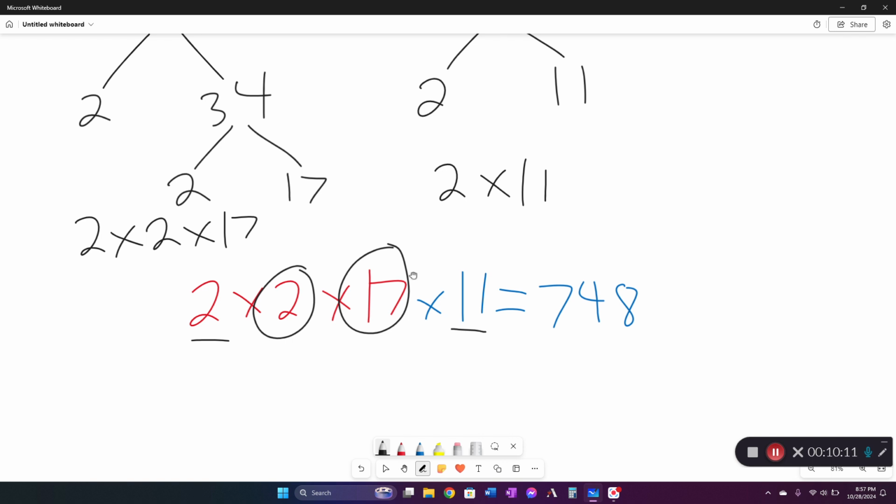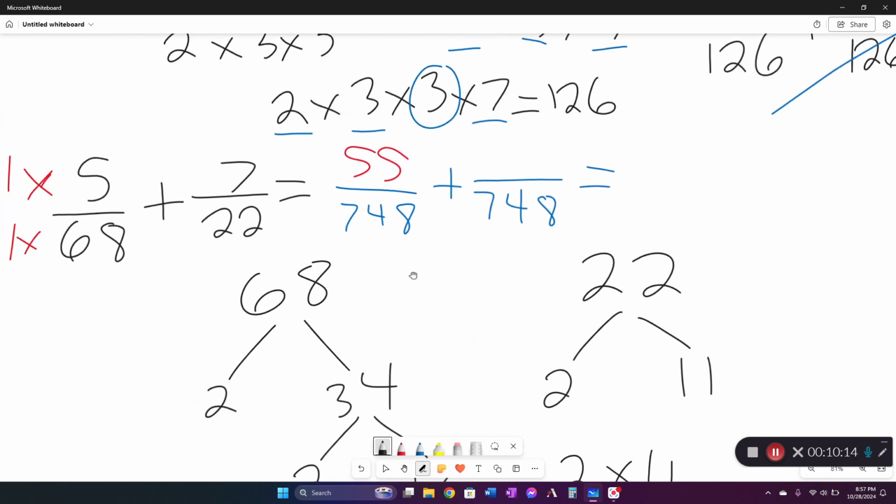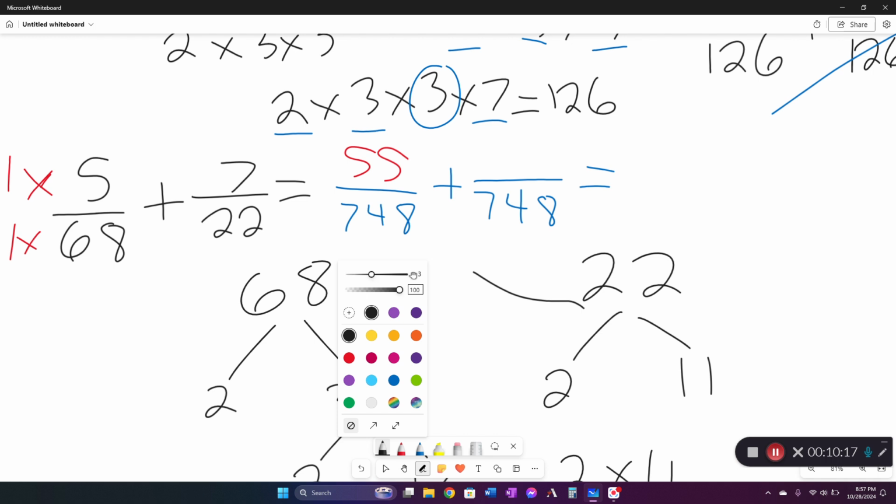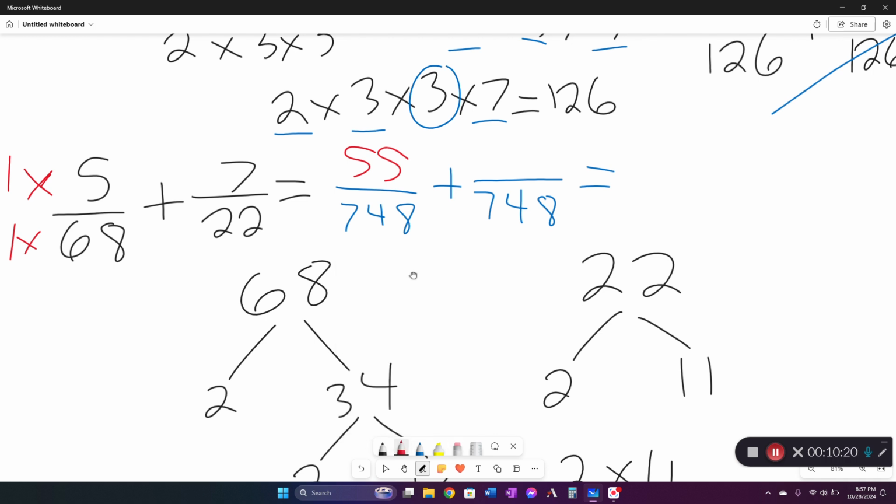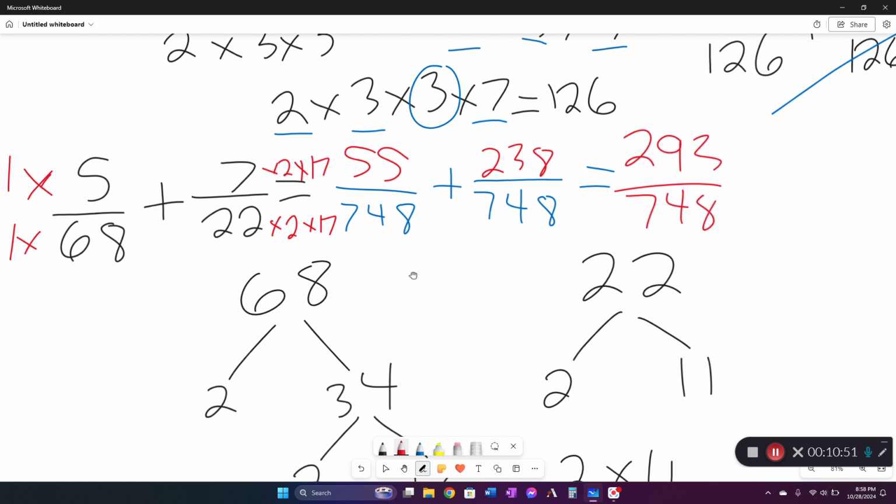So we're going to multiply it by 2 and 17, top and bottom. So 7 times 2 is 14, times 17 is 238. And 238 plus 55 gets you 293 over 748. And that's your answer.